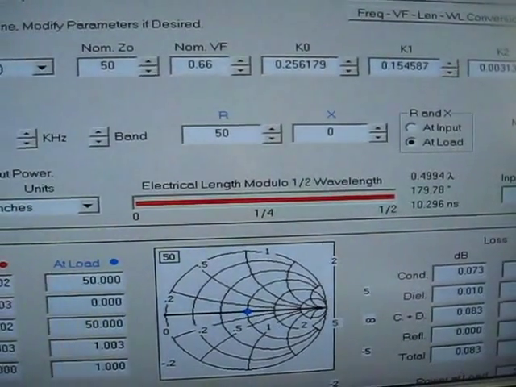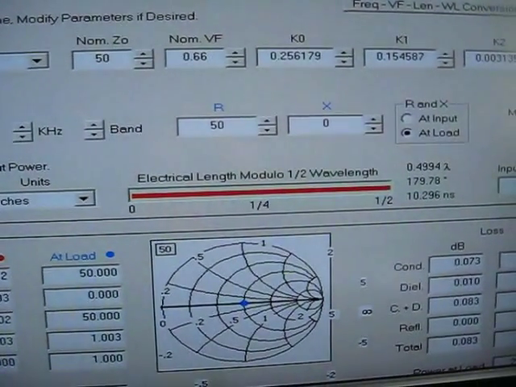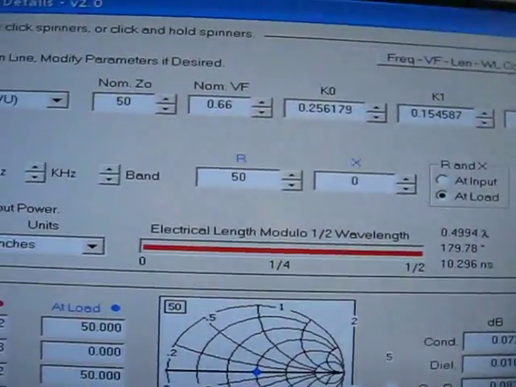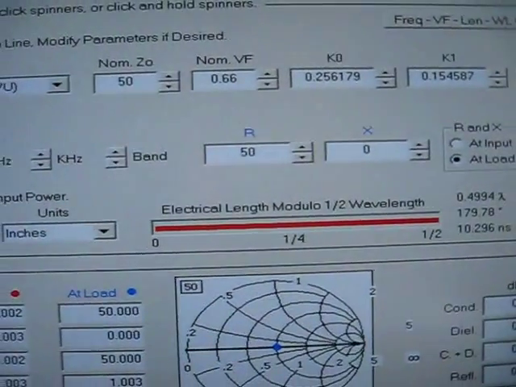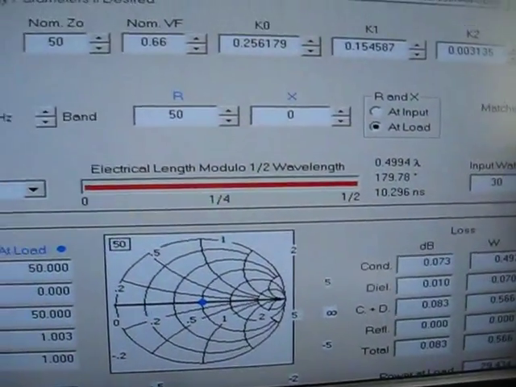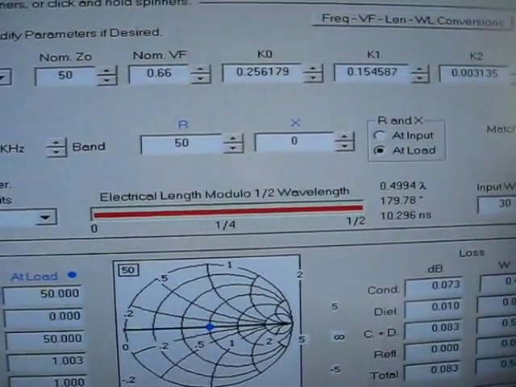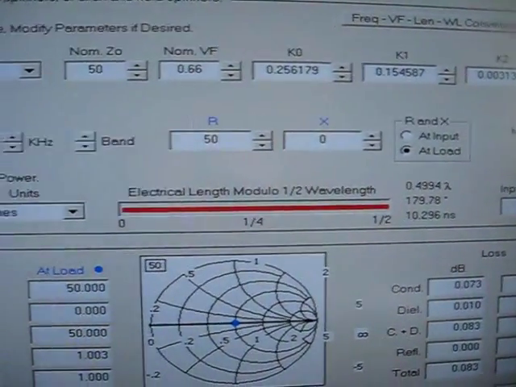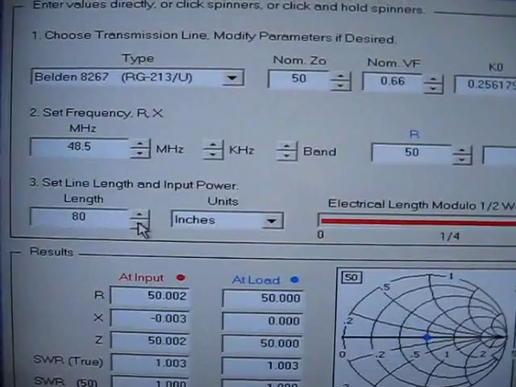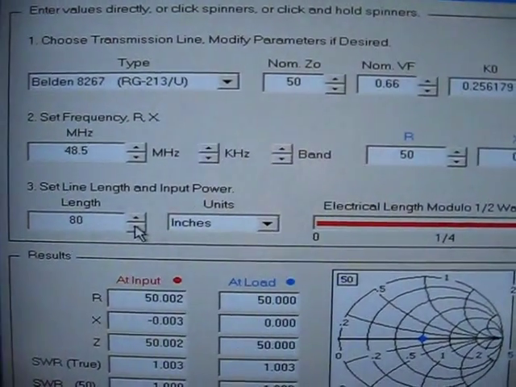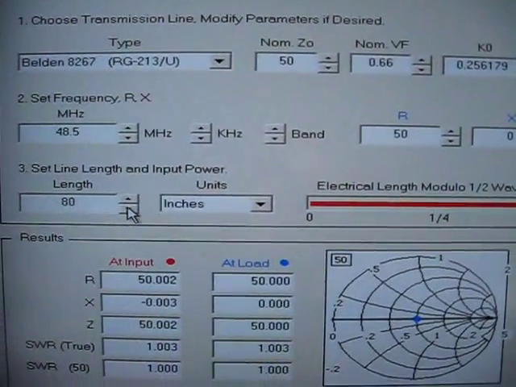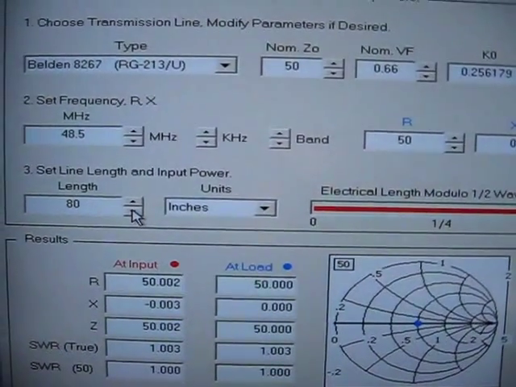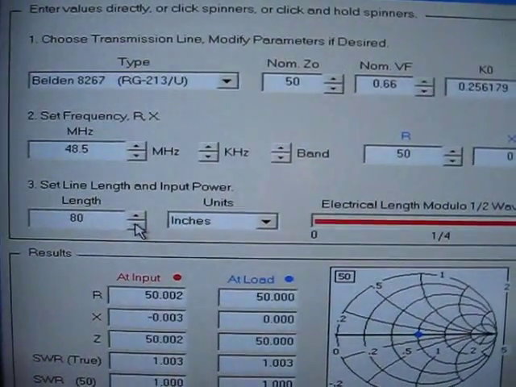It says 49.34, is it? I can't see with that. 94, so that's a half wavelength of coax that the MFJ has just measured.